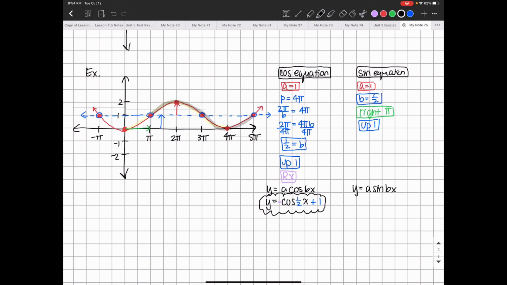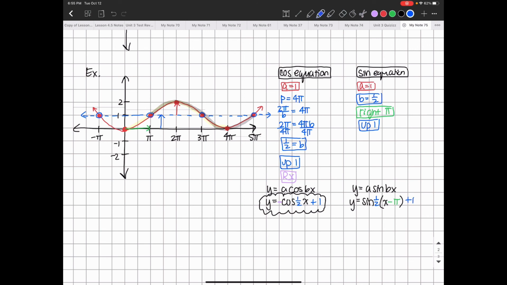And I know that I'm plugging in 1 for a, which I don't have to write because it's not going to change the function. So I just write sine of 1/2 times. Now there is a horizontal shift here, so I have to put in parentheses x minus pi. And then I add 1 on the outside.